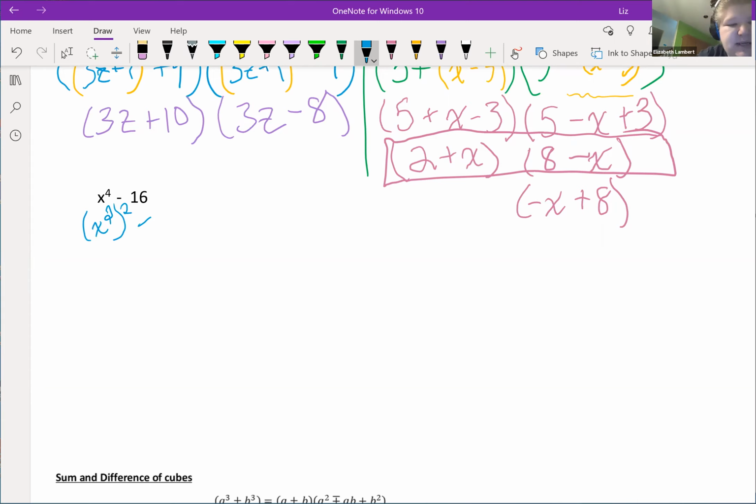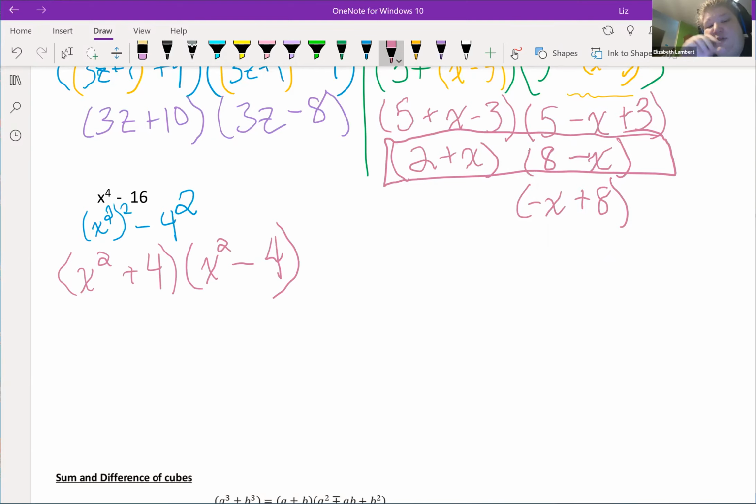And 16 is the same as 4 squared. So now I can see my a is x squared, my b is 4. So that is what we are going to see in our factored form. X squared plus 4, x squared minus 4.